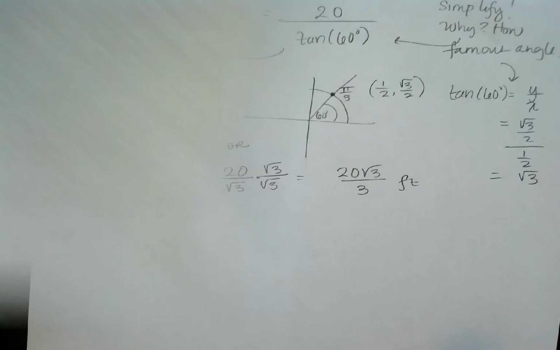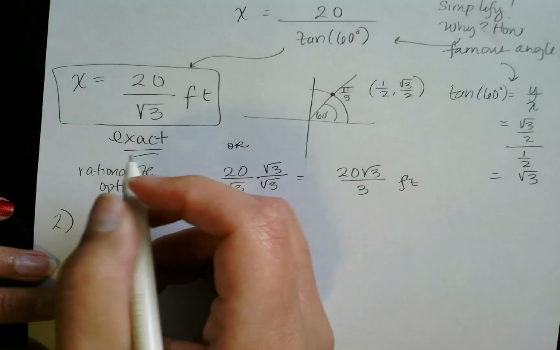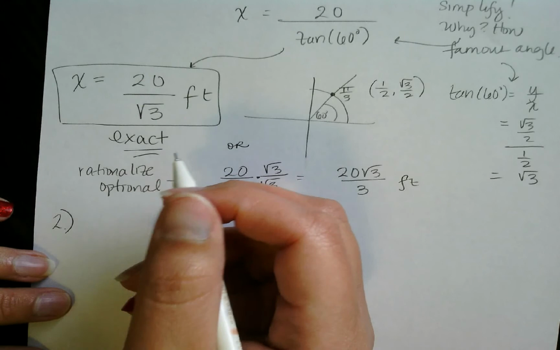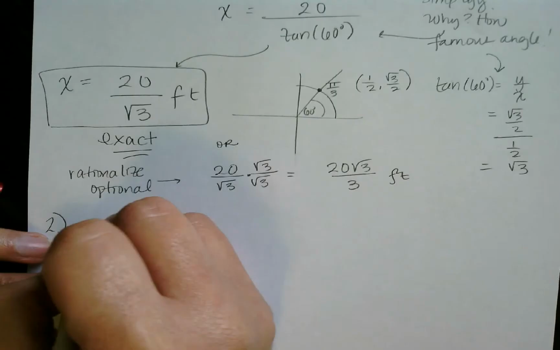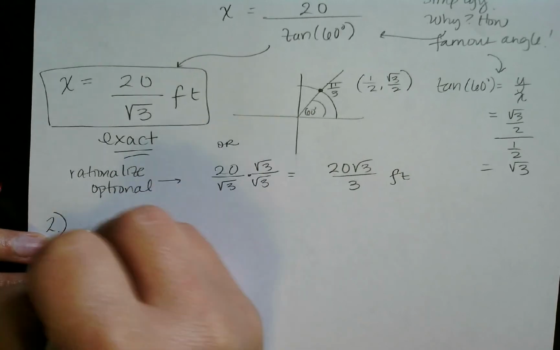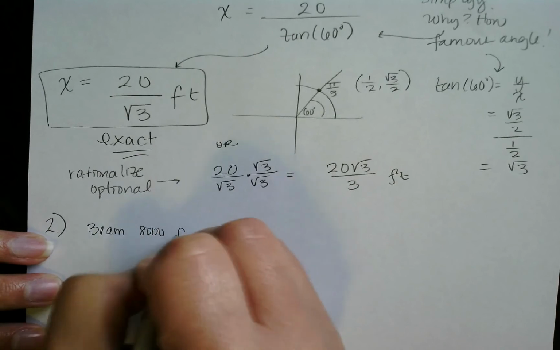Alright, here we go. So again, I'm going to write some information down. This is a beam from the searchlight mounted on the ground. Hits an aircraft at what altitude? So the question is what altitude? The beam, just writing this down, it's 8,000 feet long.